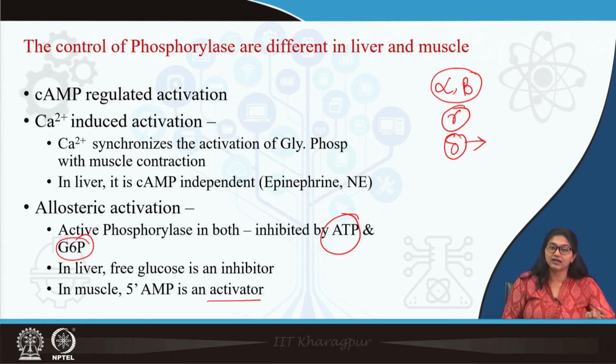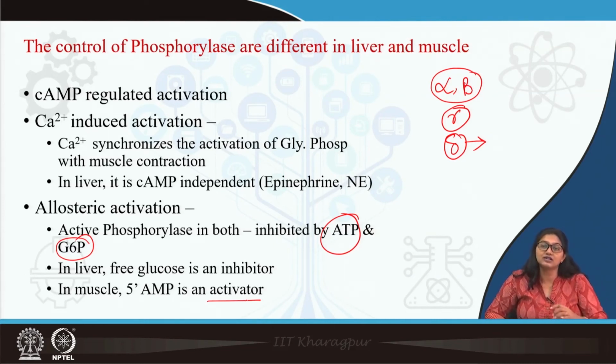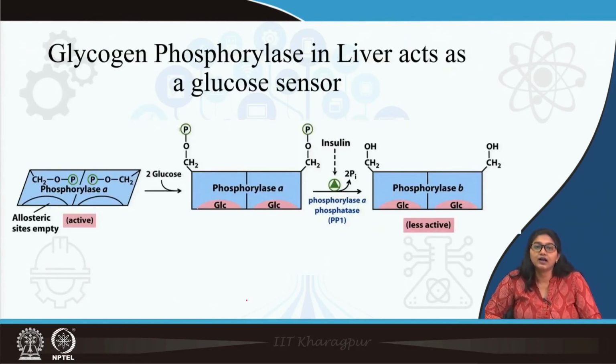In liver, 5' AMP is not an activator, whereas free glucose is a molecule which inhibits the phosphorylase enzyme. Now, let us see how this occurs.